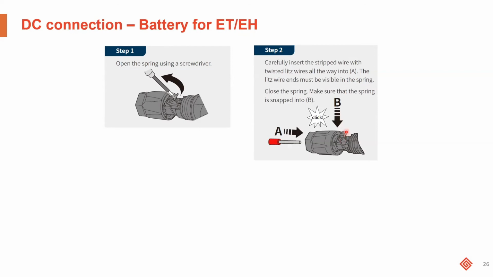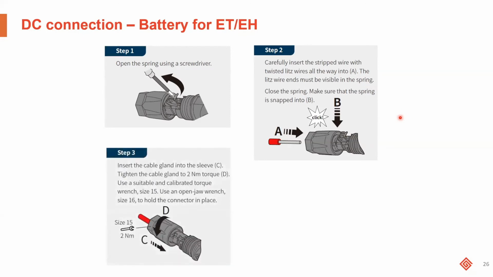You can do it with your finger, or you can do it with a screwdriver. As soon as that cable is inside, you can clamp down on the cable to ensure that the cable is securely terminated into the Sunclix connector, and then you can screw the gland to ensure that the IP68 rating is maintained.